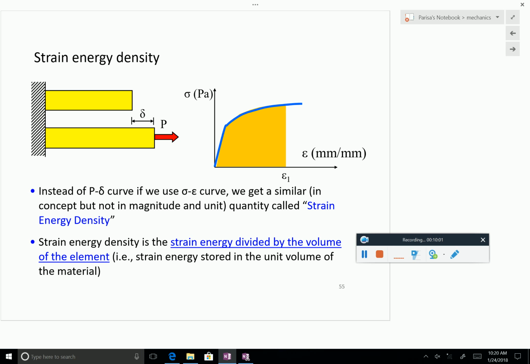And the only difference is, instead of looking at the area under force displacement, now we have to look at stress strain. So the area under force displacement is strain energy. The area under stress strain is strain energy density. And you can convince yourself, right, if you multiply force by displacement, you get a strain energy.